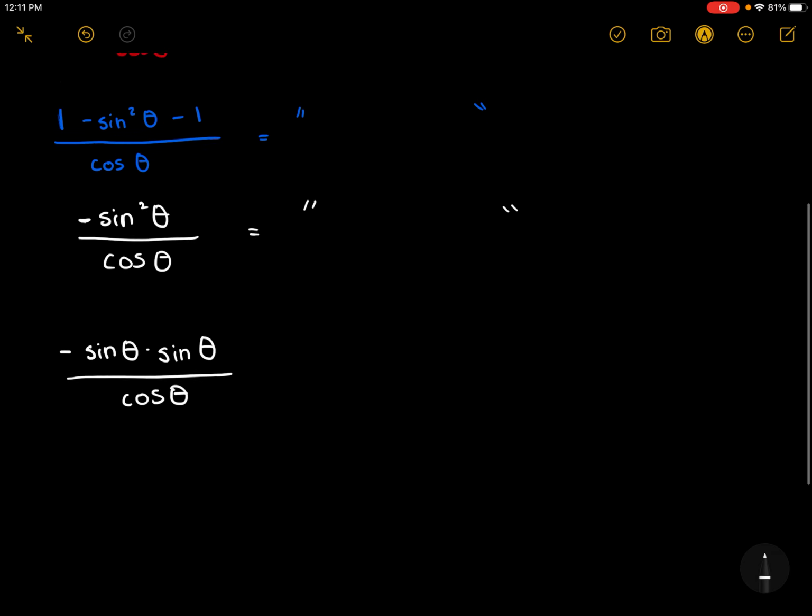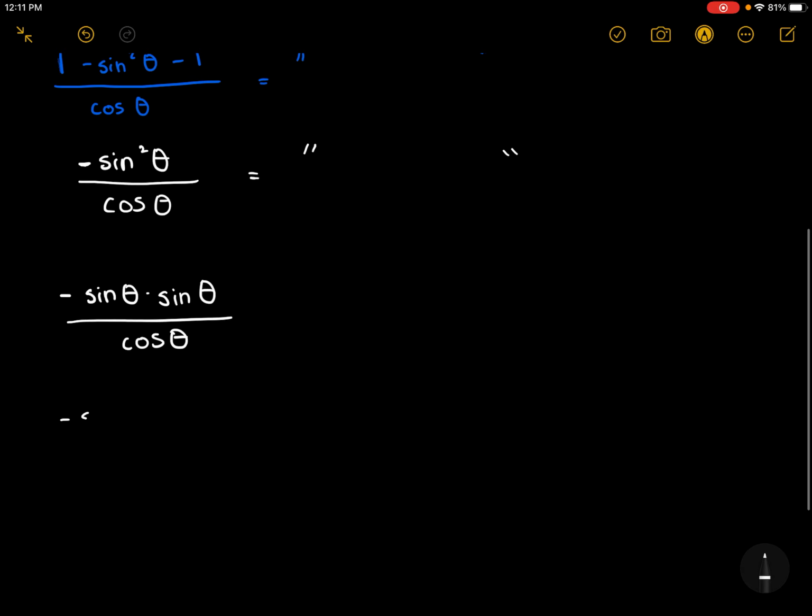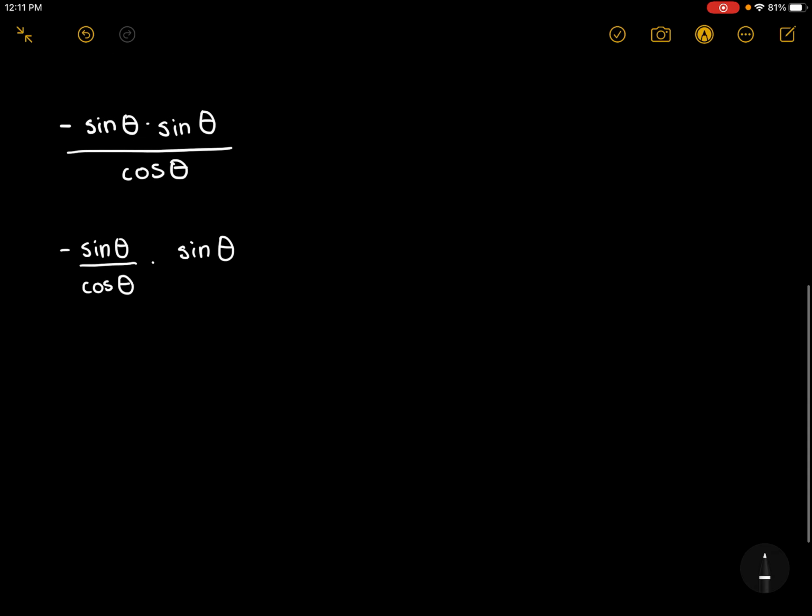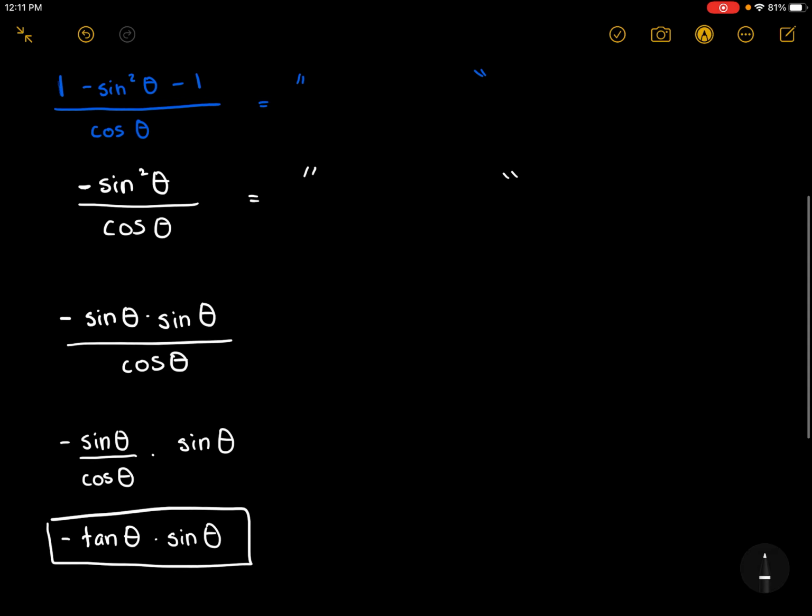And so now this is the equivalent of having negative sine theta over cosine theta just times sine theta. Now remember, sine over cosine is tangent, so negative sine divided by cosine is just going to be negative tangent theta times sine theta, which is what we were trying to prove.